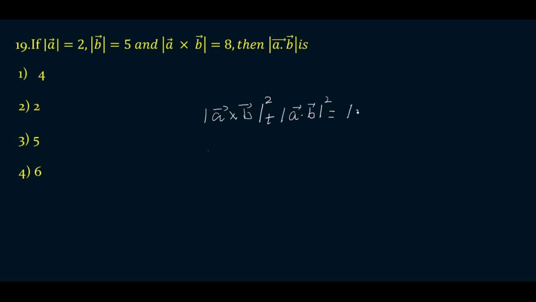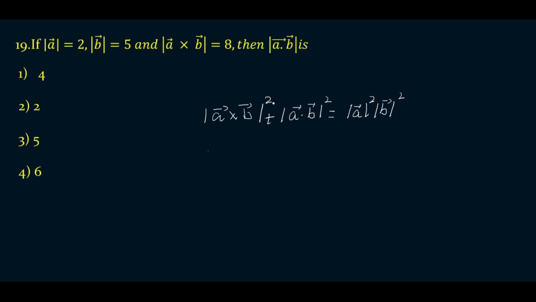Here you know the values of magnitude of a whole square into magnitude of b whole square. Taking the common terms, sin square plus cos square theta comes, its value is 1. Therefore, magnitude of vector a cross b whole square plus a dot b whole square is always equal to magnitude of a square into magnitude of b square. If you know this result, you can solve it easily.